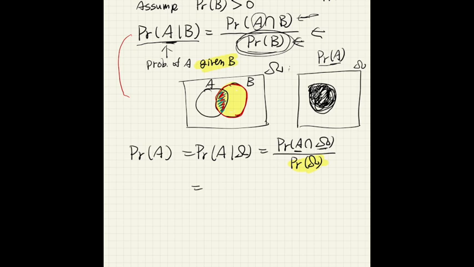So this is actually equal to the probability of A divided by 1. So actually, same thing. So consider this ordinary probability as an abbreviation of this conditional probability given omega. So if we define the universe, then we can calculate a probability.